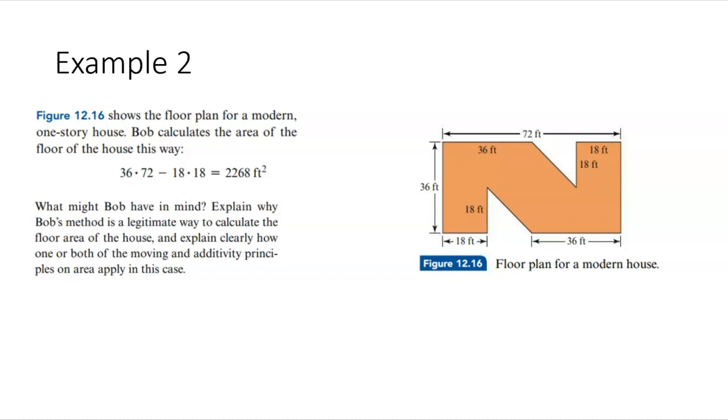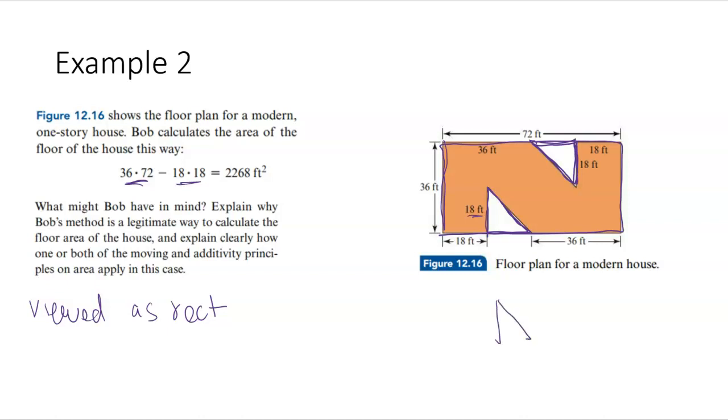All right, so if he did 36 by 72, I know that he multiplied these two, and that is that big rectangle. So Bob started, he viewed it as a rectangle. And then what's this 18 by 18? So he must have subtracted these pieces, but these look like triangles. Where did he get 18 by 18? That's 18 high. That's 18 high.